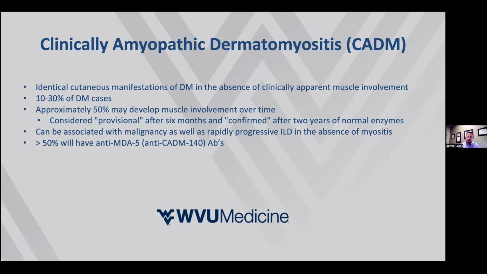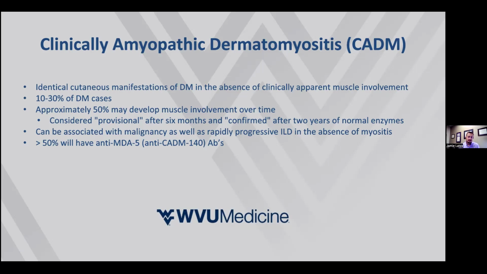This one can be potentially tricky to diagnose because you're lacking one of the other big features of dermatomyositis, which is weakness or notable CK elevations. This actually can be up to about a third of cases of dermatomyositis, what they call clinically amyopathic, or CADM.